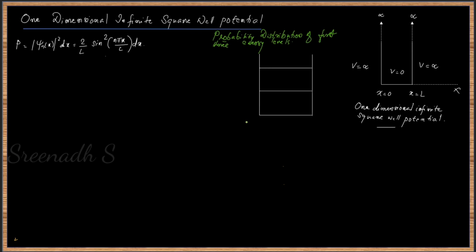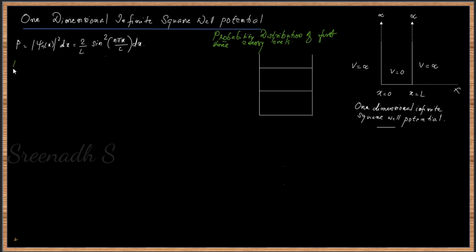We have the equation for probability, P is equal to psi square dx, that is 2 by L sin square n pi x by L into dx. So we can calculate for each state.